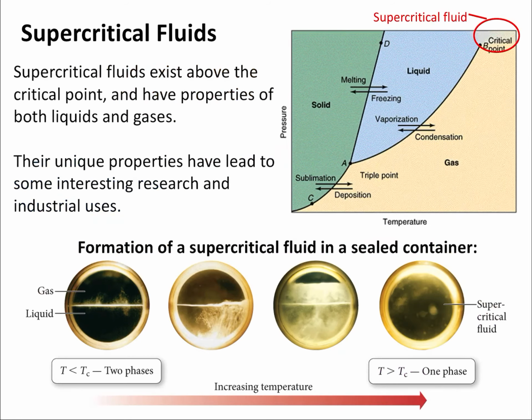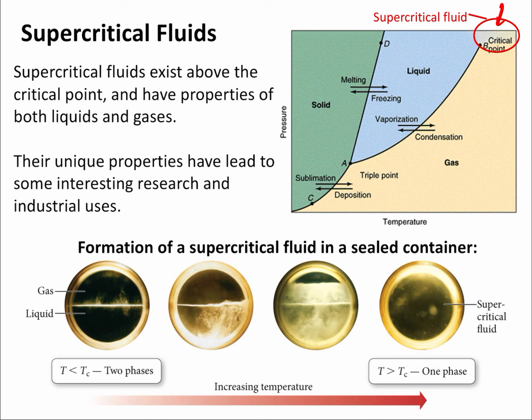You can see here it's kind of fuzzy, the difference between liquids and gases at this point. You can think of a supercritical fluid as being like clusters of molecules that are separated from other clusters by large distances. Since you have molecules that are clustered together, it has some liquid-like properties, and because there are large distances between clusters, it has gas-like properties as well.